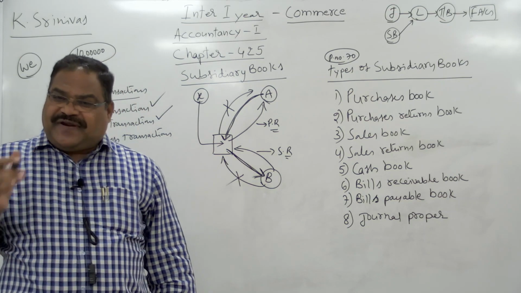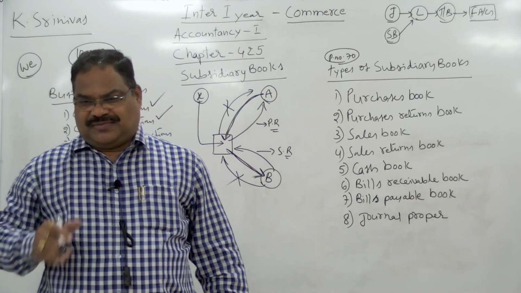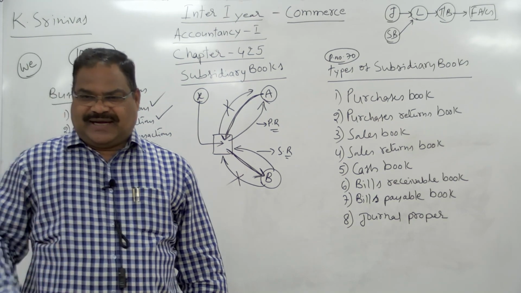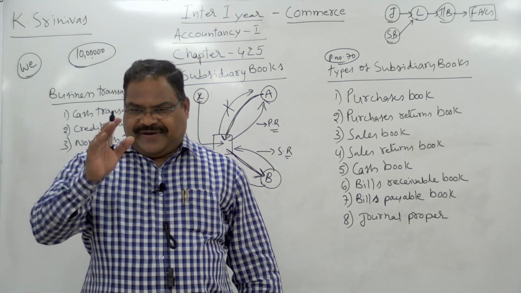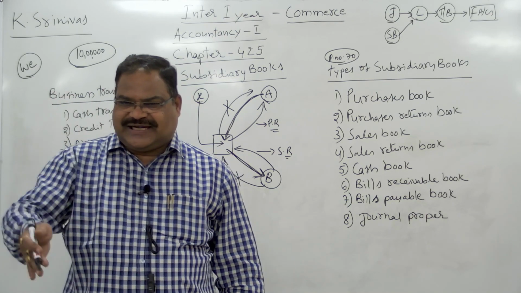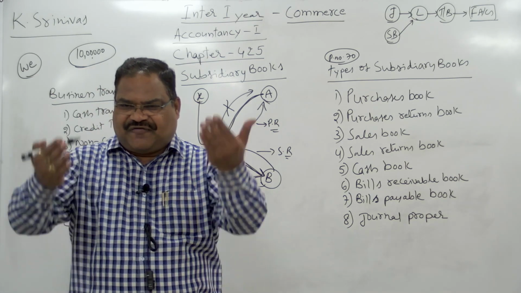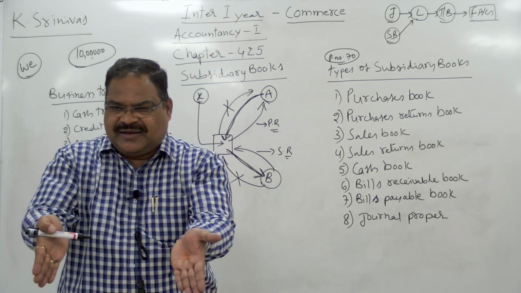Here, every year, the value of the car will go down. Assume that we are going to reduce the value of the asset. The gradual decrease in the value of the asset is called depreciation. The value is depreciating.